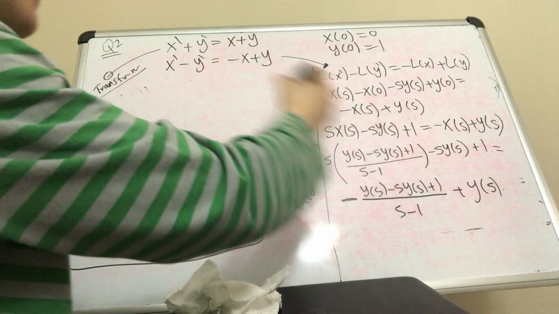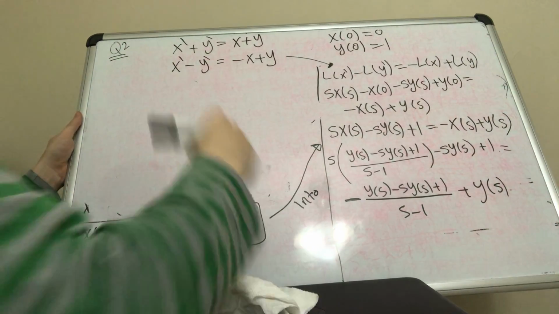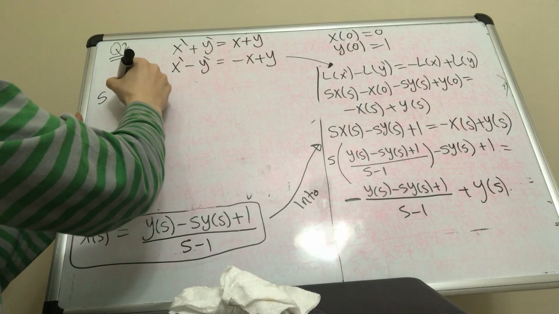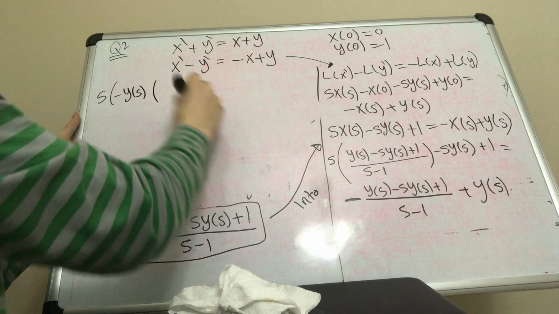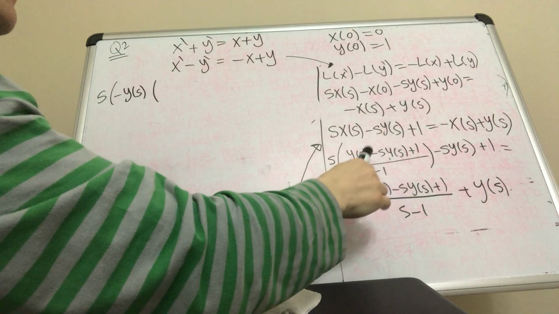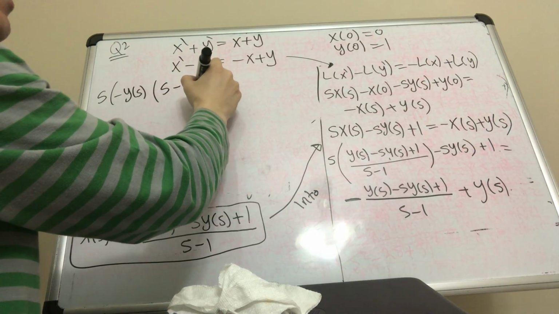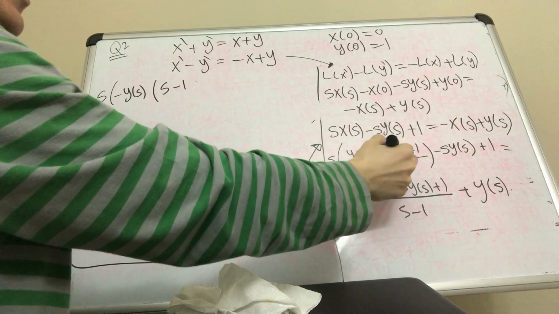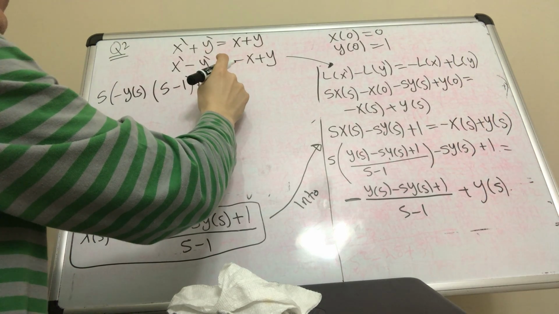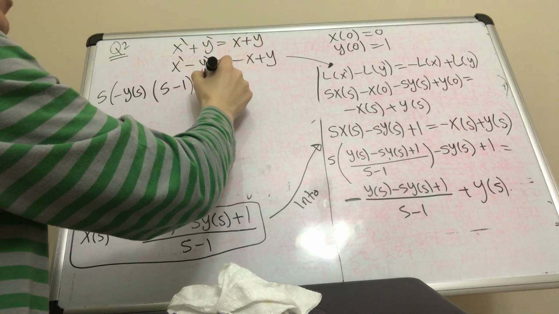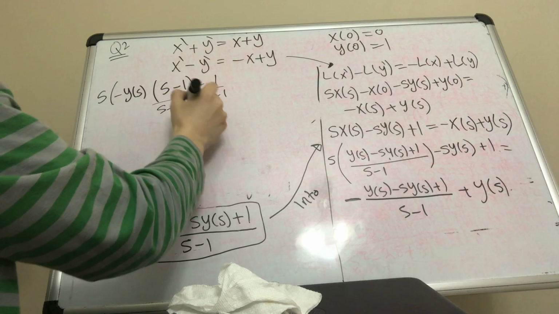If I leave the s, if I take negative y of s as a common factor here, it will leave me with s minus 1 for these two, and 1 over s minus 1 and s minus 1 here.